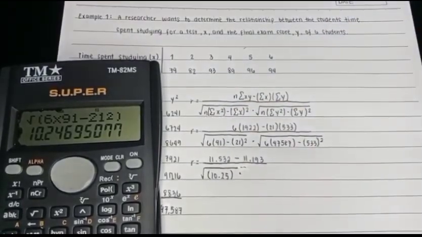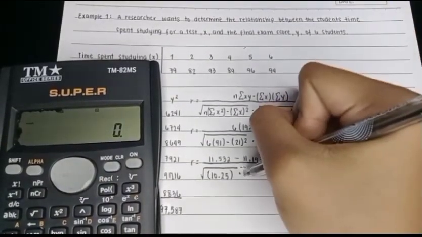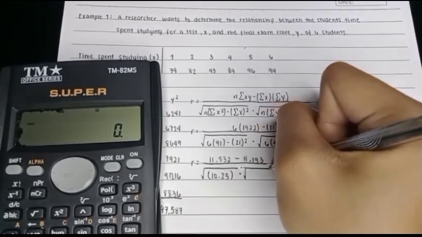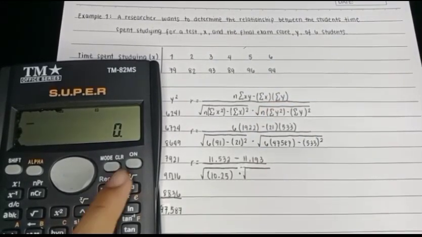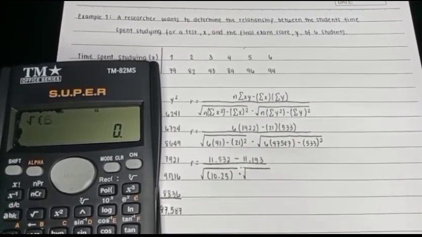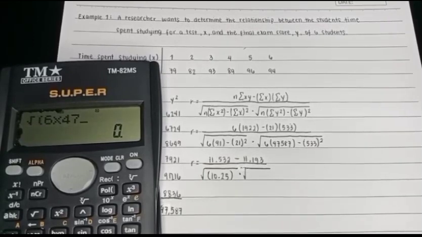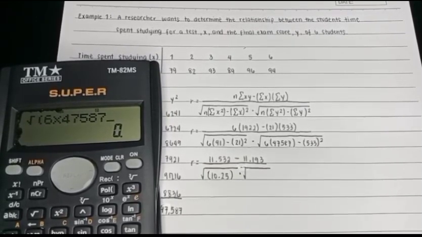Then, sunod naman natin yung nasa right side. Square it ulit. Then, square root of 6 times 47,587 minus 533 squared. We got the total 37.85.